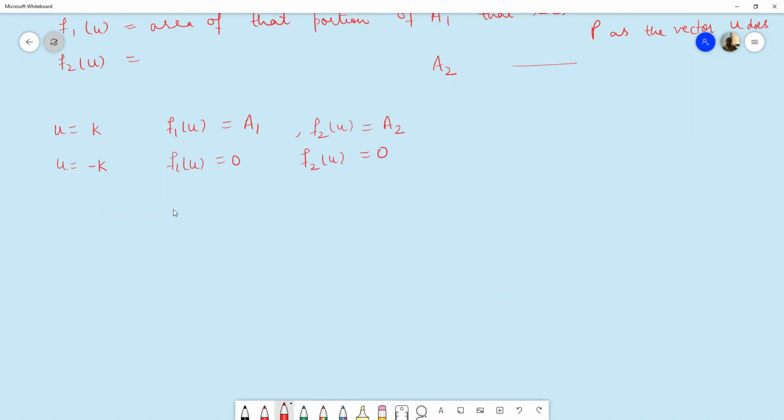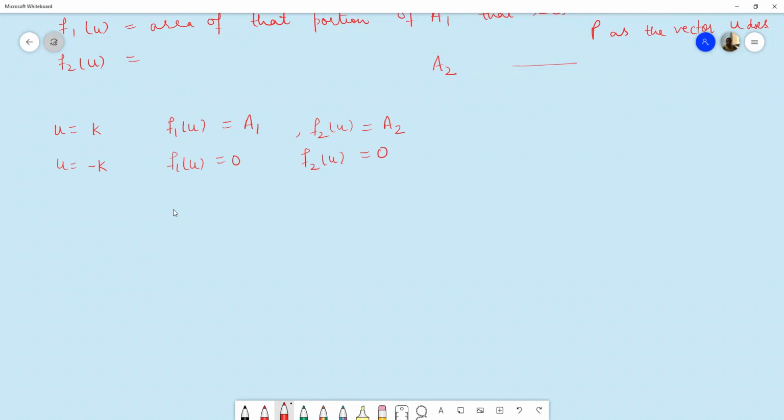In all other cases, the plane P will intersect the plane R2 cross 1, and that intersection will be a line. And that line splits R2 cross 1 into two half planes. In that case, F1U and F2U will be the areas of those portions of A1 and A2 respectively that lie on one side of that line, which is the intersecting line of the plane P and R2 cross 1.